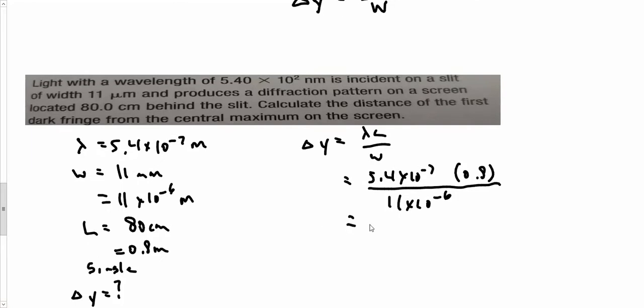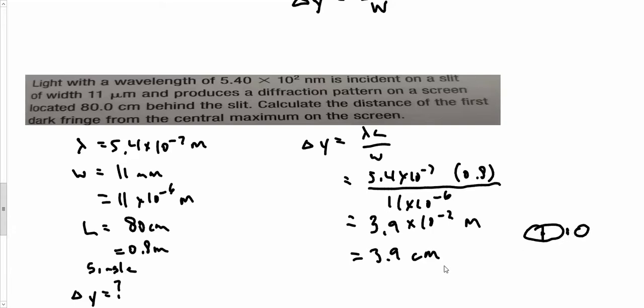If I plug that all in, I get 3.9 times 10 to the minus 2 meters, which is 3.9 centimeters. So from the middle to the first dark is going to be 3.9 centimeters.